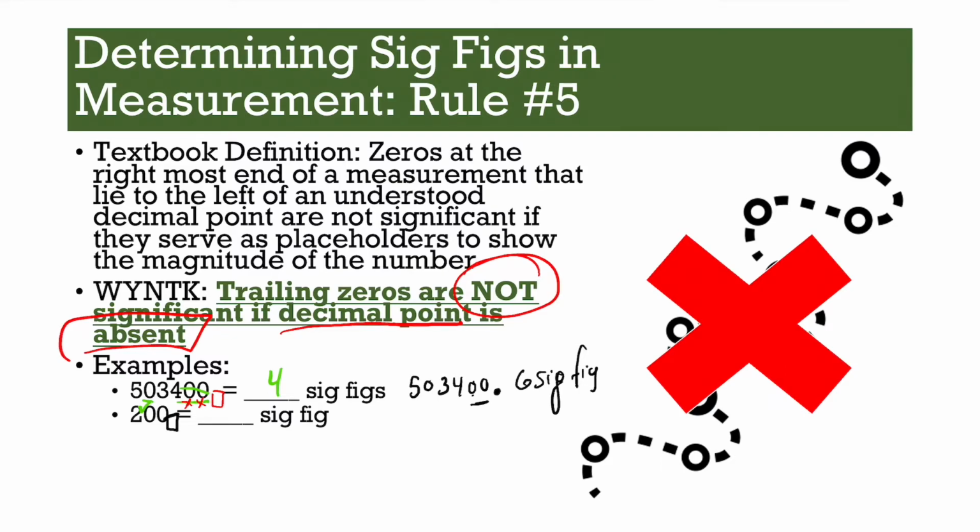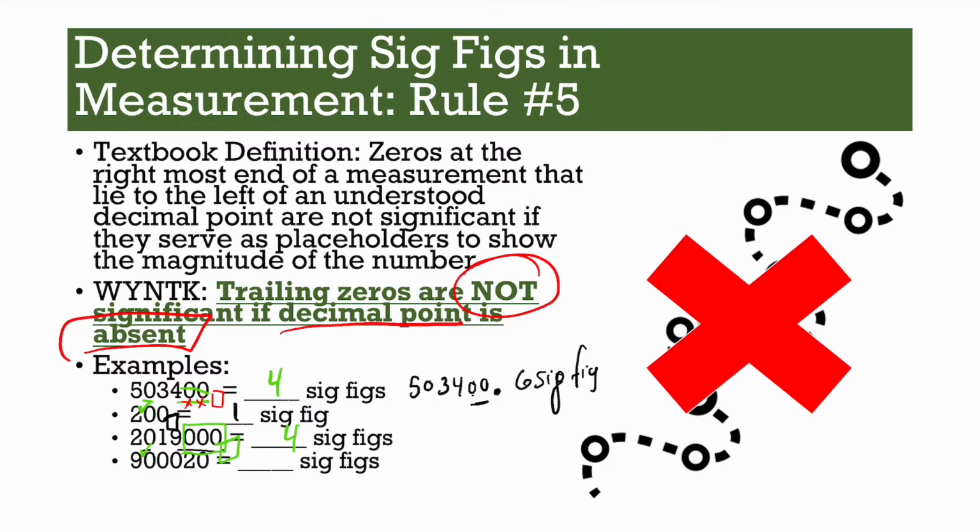Again, no decimal point, only one significant figure. In this example, we have this 0 and these zeros. The first 0 right here is significant because it's a sandwich 0. These zeros are not significant because there is no decimal point, meaning we only have 4 significant figures.